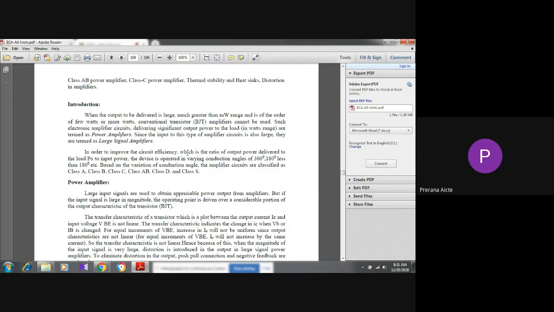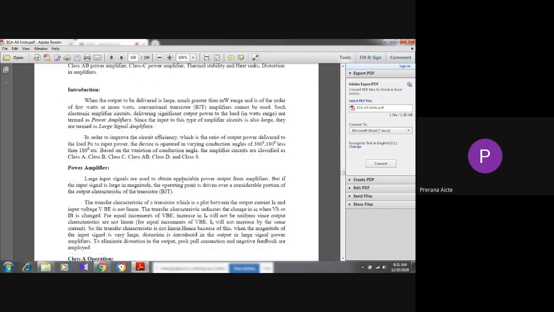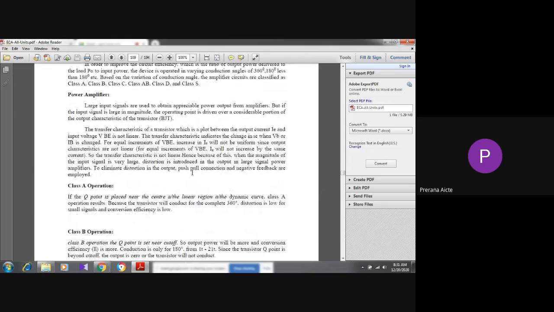Now, what is a power amplifier? Large signal amplifiers are used to obtain appreciable power from the amplifiers. That means if the input signal is large in amplitude, the operating point is driven over a considerable portion of the output characteristics of the transistor. What is our intention? Our intention is to maintain the operating point in the active region.